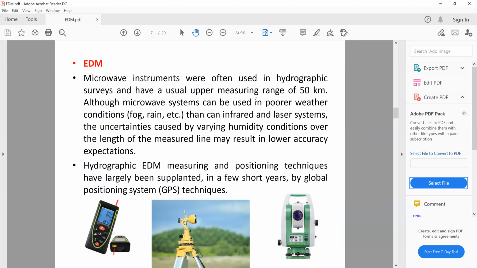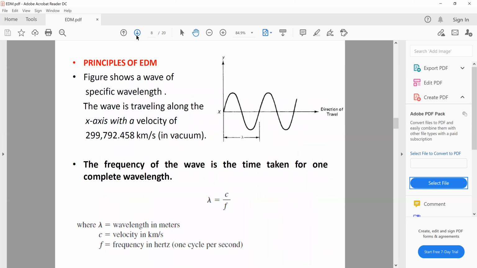And also in poor weather, again, as the atmosphere changes, it can have different effects on how an electromagnetic wave of a particular wavelength performs. So you have to keep those things in mind.